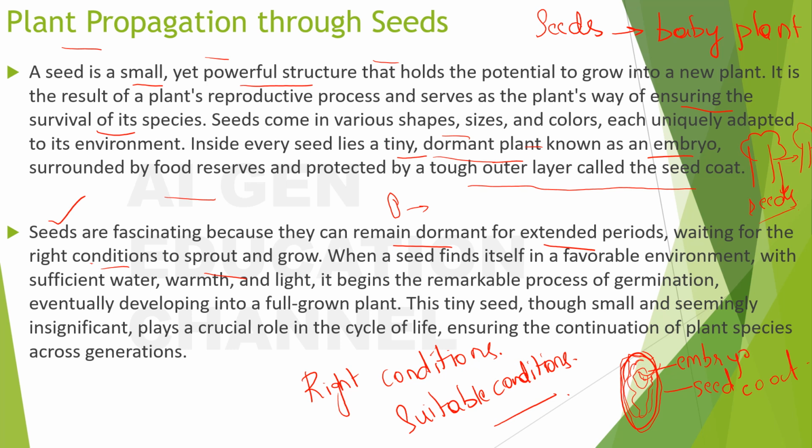When a seed finds itself in a favorable environment with sufficient warmth, water and light, it begins the remarkable process of germination, eventually developing into a full grown plant. This tiny seed, though small and seemingly insignificant, plays a crucial role in the cycle of life, ensuring the continuation of the plant species across generations.